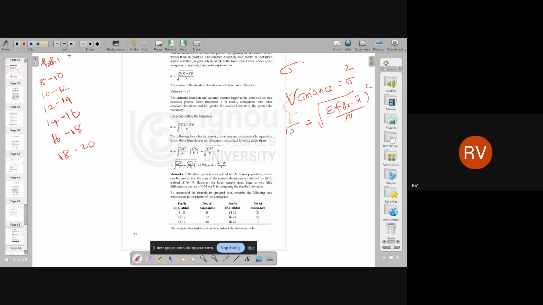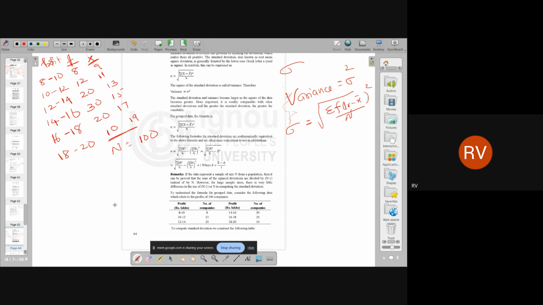Number of companies, that is F, is equal to 8, 12, 20, 30, 20, 10. Total number is equal to the sum of all F, that is 100. Then take the middle value. Middle value is 8 to 10, 9, then 11, 13, 15, 17, 19.